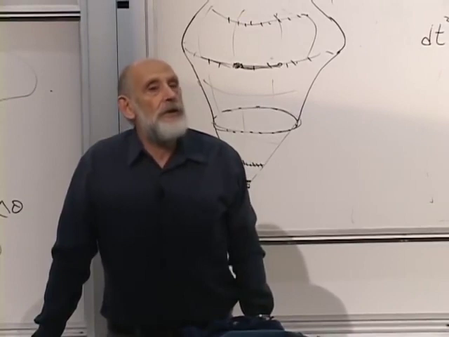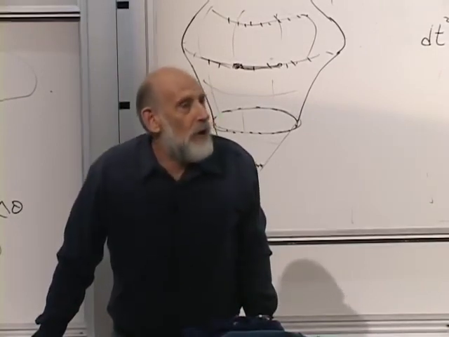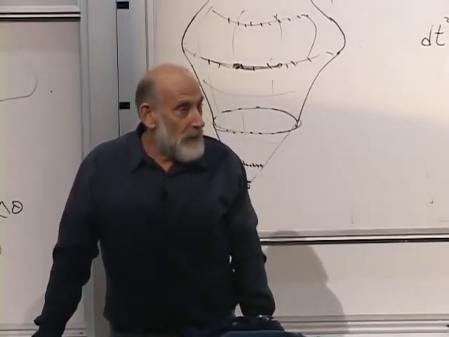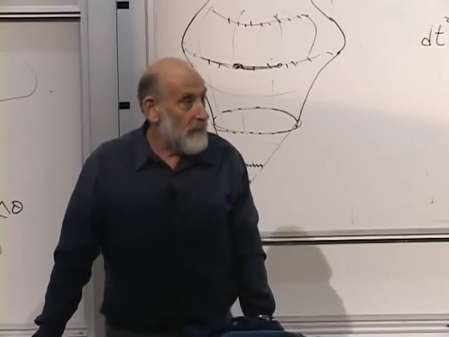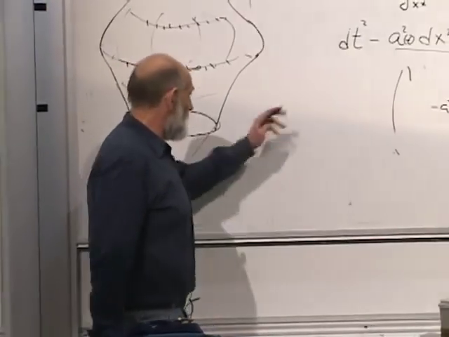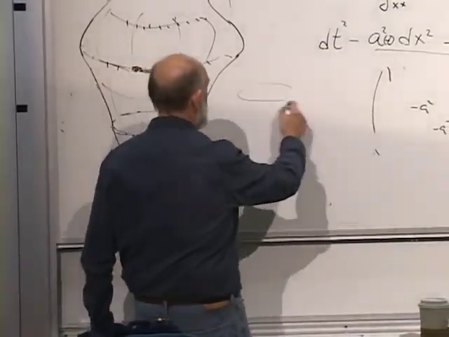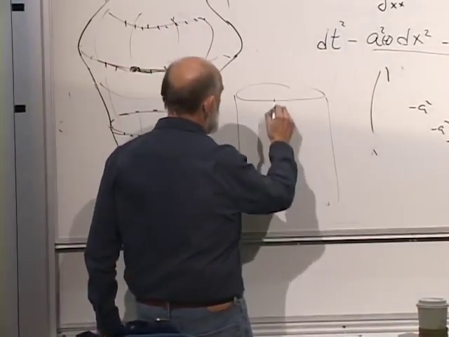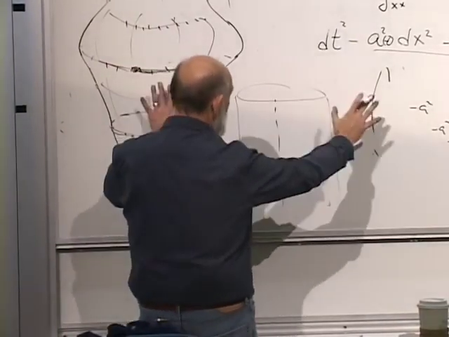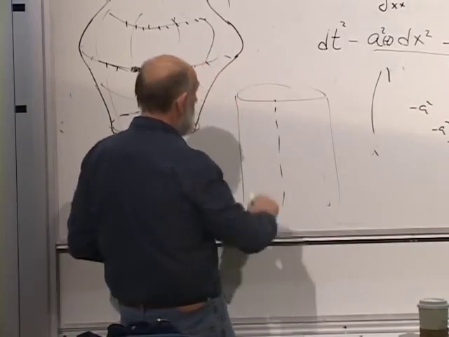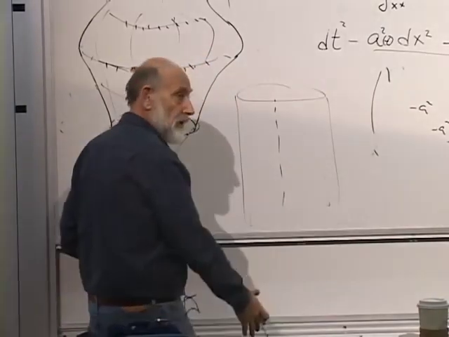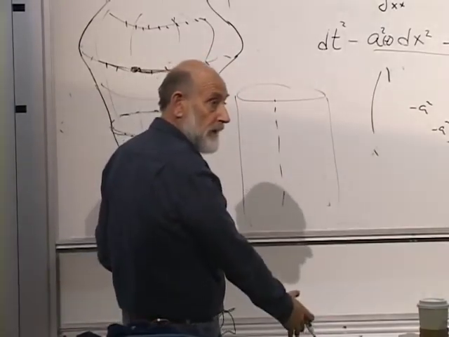No, the cylinder, the space-time is not curved. It looks like it's curved because I tried to draw it in 3 dimensions, but it's not curved. Remember why? You could take a scissors and cut it open, without stretching it, and lay it out on the plane.